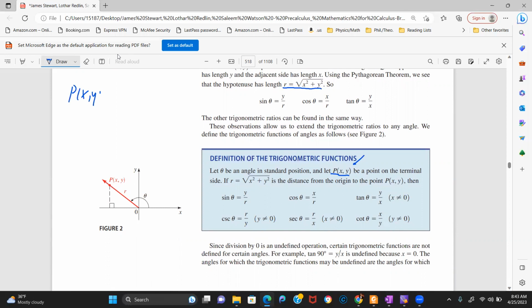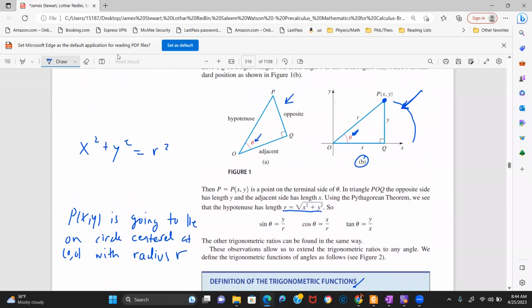P(x, y) is going to lie on a circle centered at 0, 0 with radius r. Well, I guess r could be anything really. It depends upon how far along the x-axis you go.